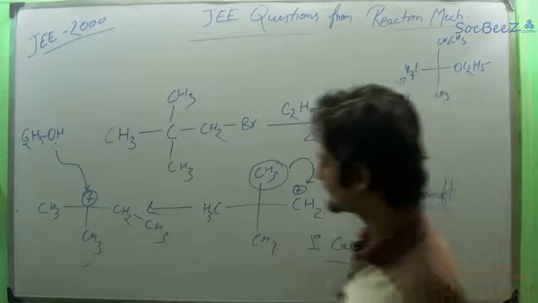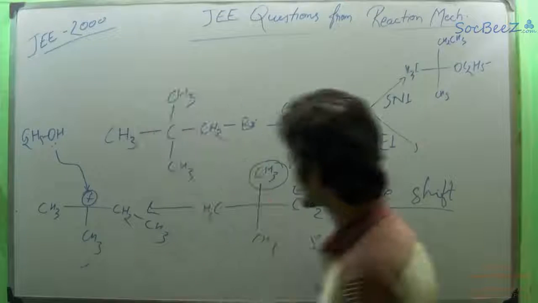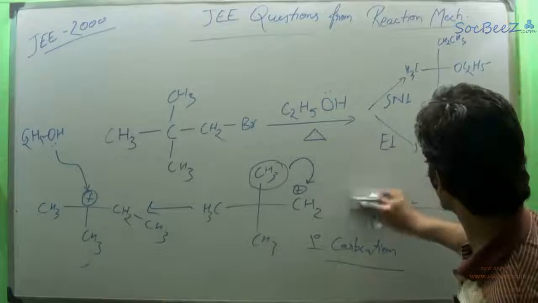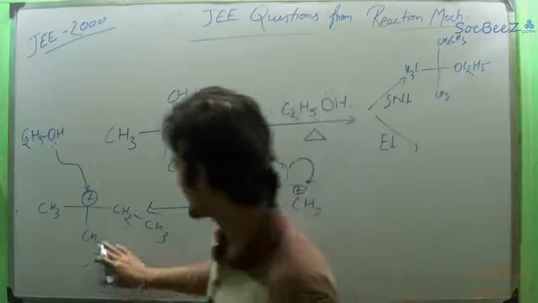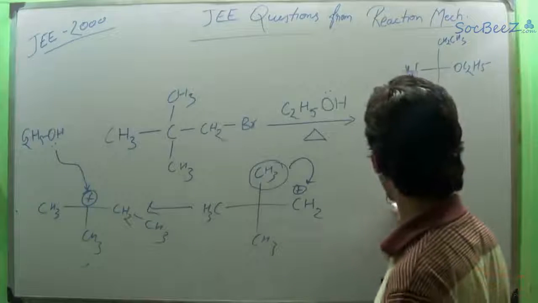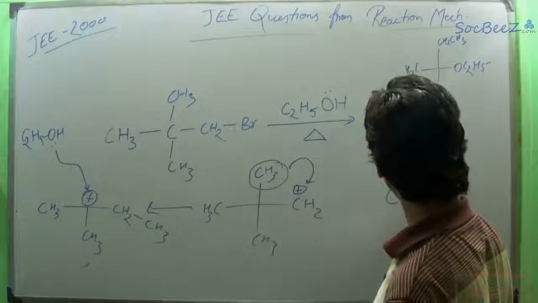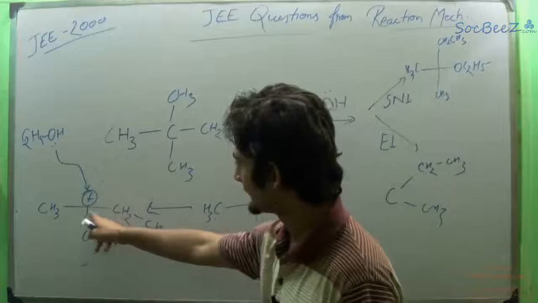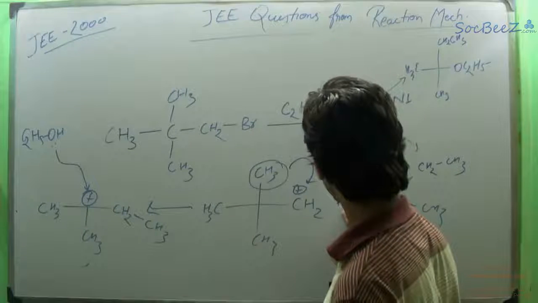The E1 product can be formed by the elimination of either this H or this H. There will be two possible products. Let's say if this H is being eliminated, we'll have this carbon with two attachments, CH2CH3 and CH3, and a double bond formed between this carbon and the next.